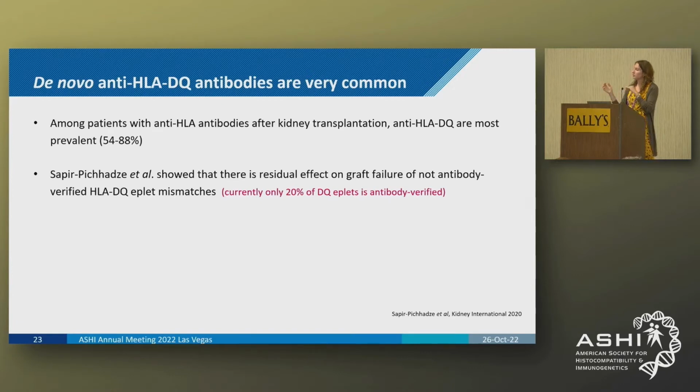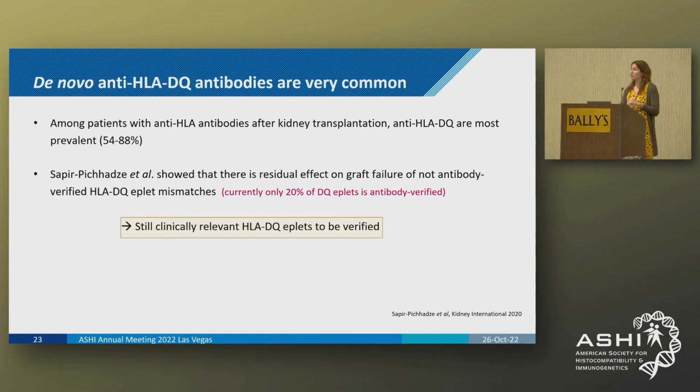When we look at the total of HLA-DQ eplets, there are some that are verified, but also some that are unverified. She showed that there's still a residual effect of these unverified DQ eplets, which shows us that there are still a lot of relevant DQ eplets to be identified, and currently only 20% of the DQ eplets have been verified by a monoclonal antibody.